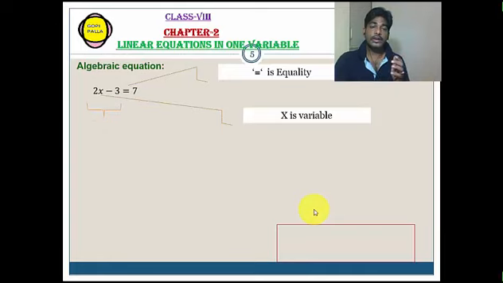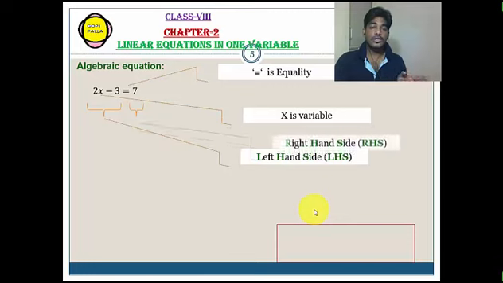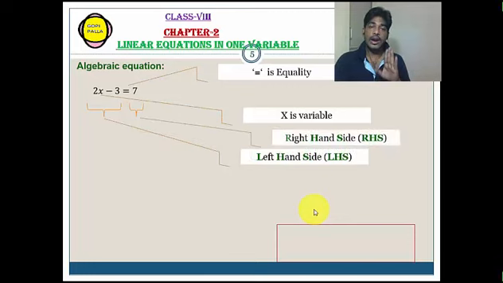There are two parts in this algebraic equation. The part on the left hand side is called LHS for short, and the part on the right hand side is called RHS, and these should be equal.